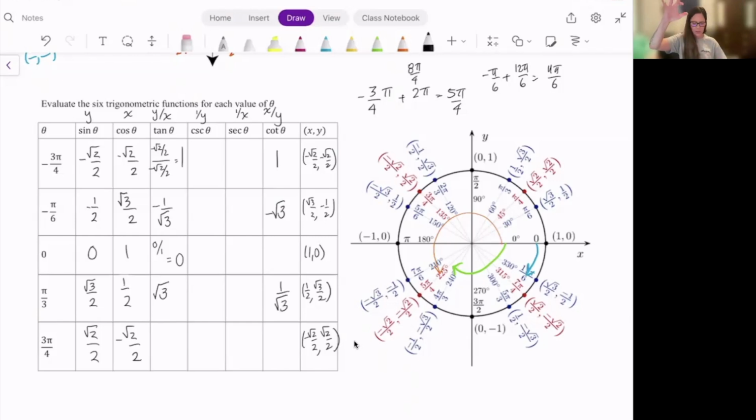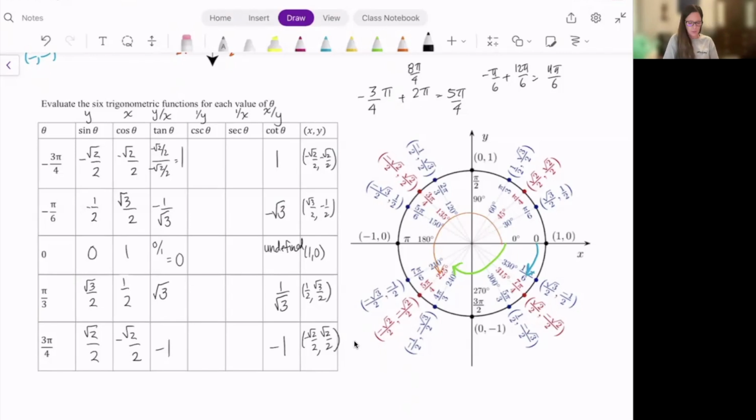So notice that the cotangent and the tangents are opposite on those, from pi over 6 to pi over 3, because they're switching angles. And then root 2 over 2 divided by negative root 2 over 2 is -1. And the reciprocal of -1 is -1. What about when I take the reciprocal of 0 over 1? 1 divided by 0 is undefined. That does not work.